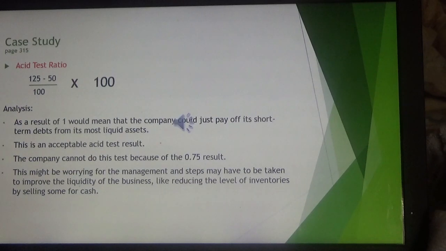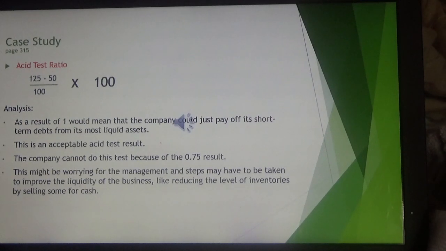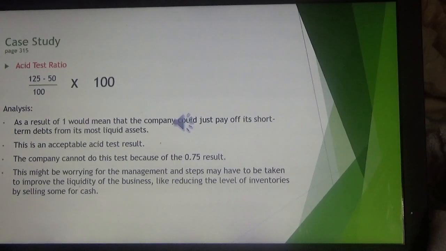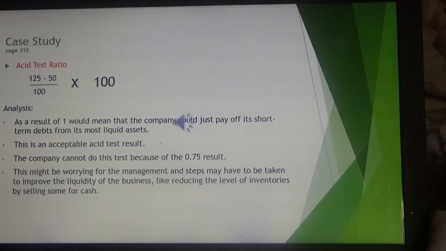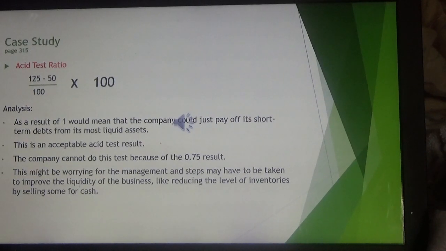This might be worrying for the management, and steps may have to be taken to improve the liquidity of the business, like reducing the level of inventories by selling some for cash. And so we see that this is the would-be situation of ABC Computing Limited if they would be applying these two given ratios.